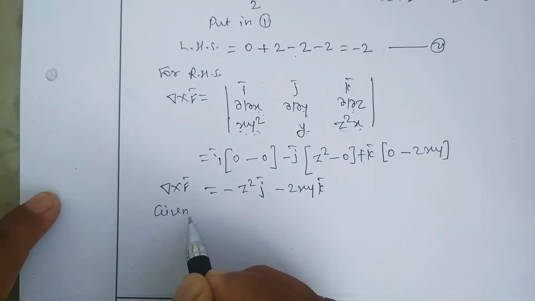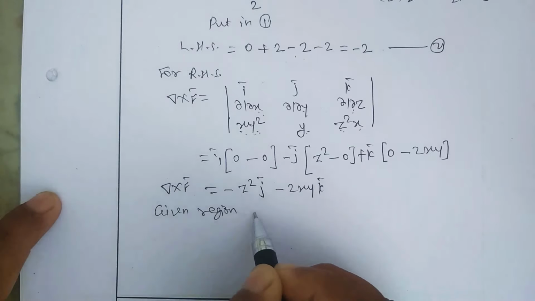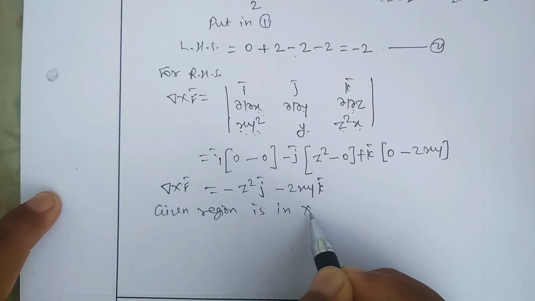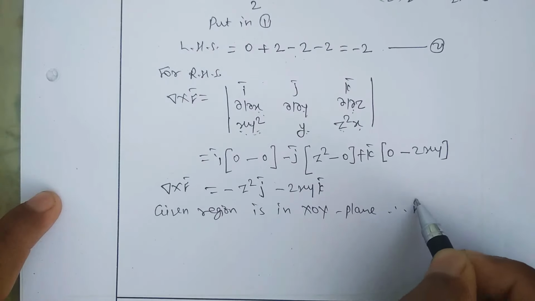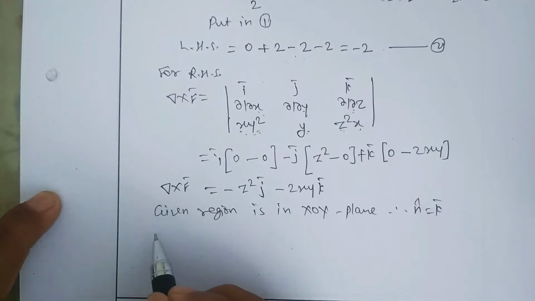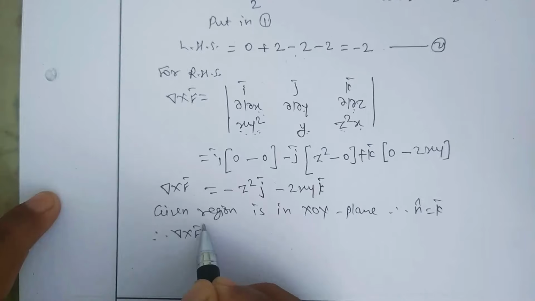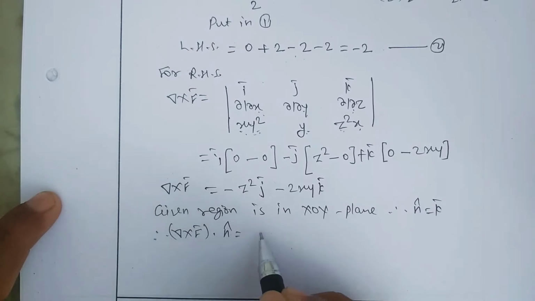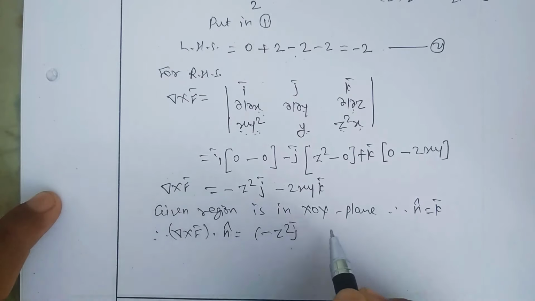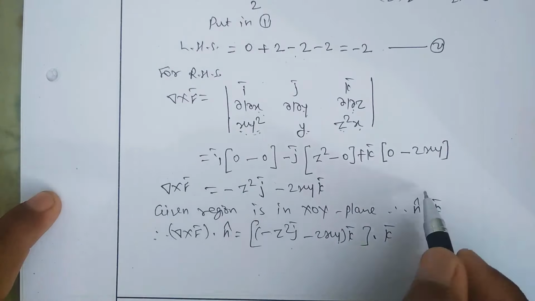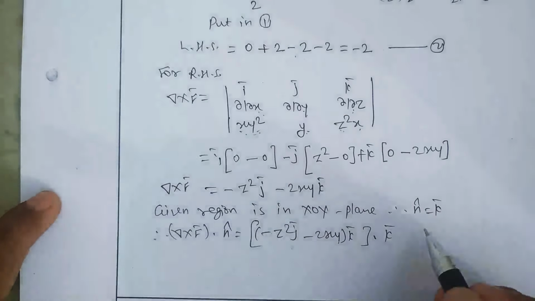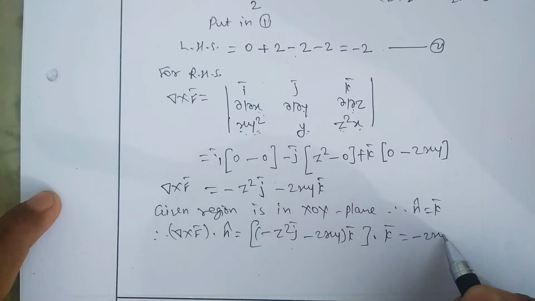Given the region is in the xy plane, therefore the value of n cap is equal to k bar. Therefore del cross F bar dot n cap is equal to minus z square j bar minus 2xy k bar, dot product with k bar, because the value of n cap is k bar. This is equal to minus 2xy.